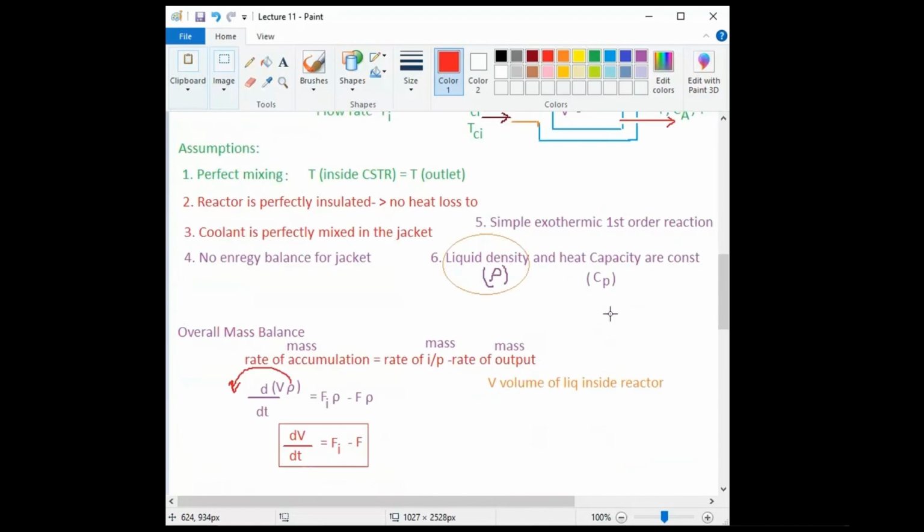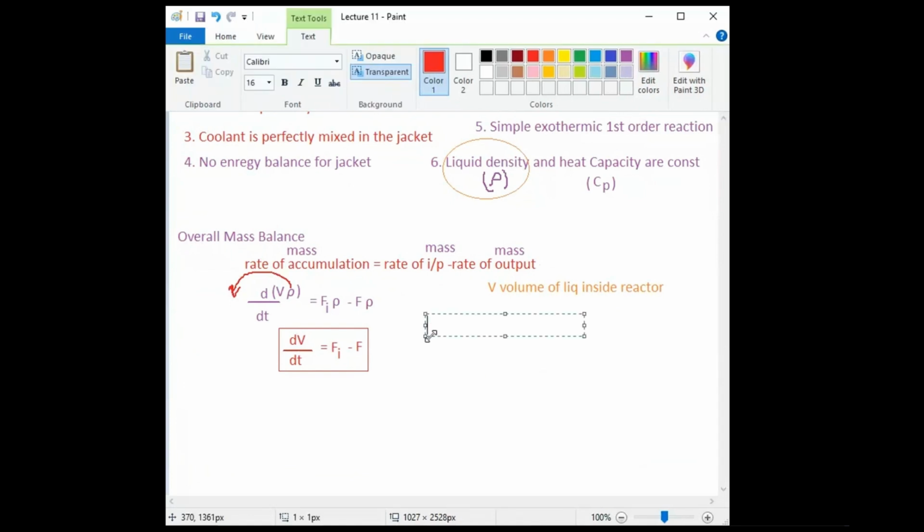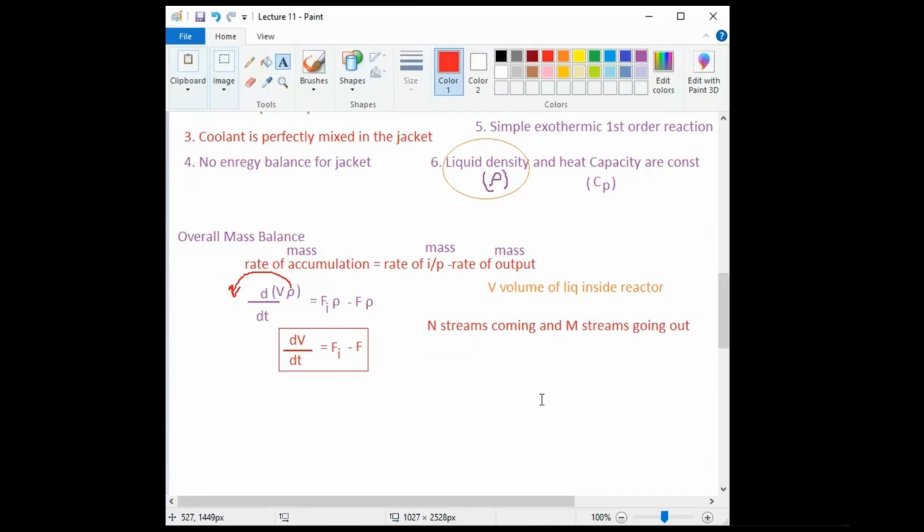Suppose we have more than one input, suppose n streams coming in, and m number of streams going out, then how can we write the equation?